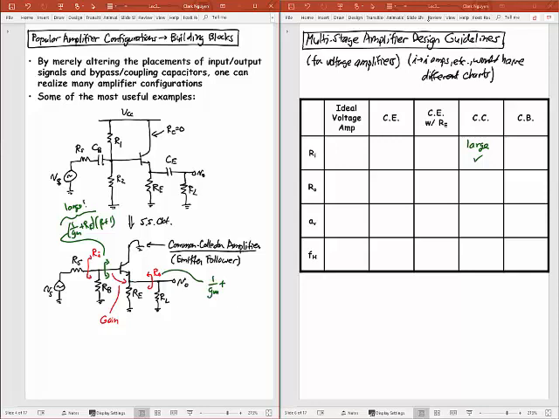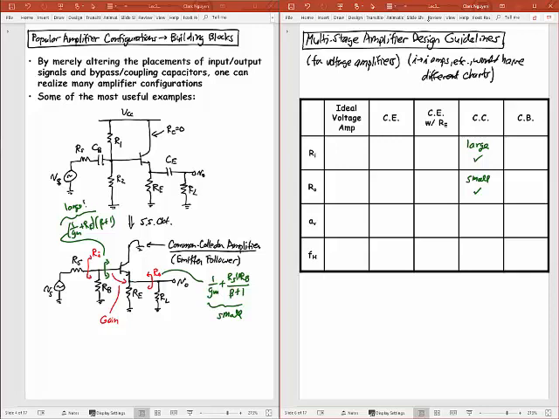If I want to be more complete, that's also plus RS parallel with RB divided by beta plus 1, which is also very small. So this whole thing is small, and the output resistance of the common collector is small, and I like that, because that's what a voltage amplifier's output resistance should be.